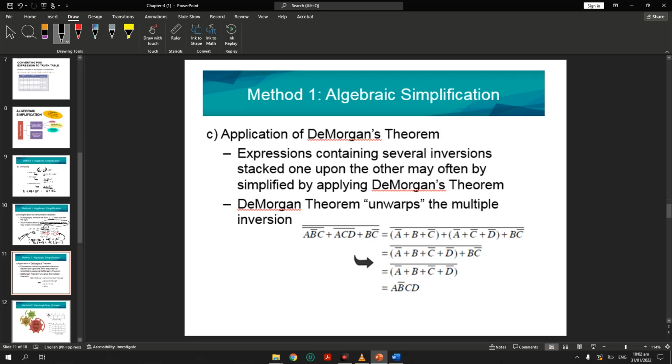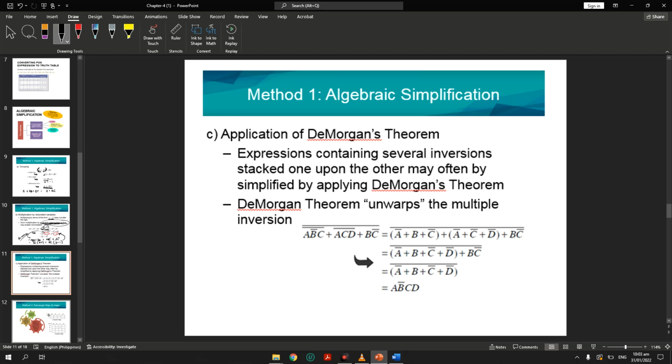So the third method is the application of De Morgan's theorem. Of course, De Morgan's theorem is named because it was discovered by De Morgan. And what does the theorem say?